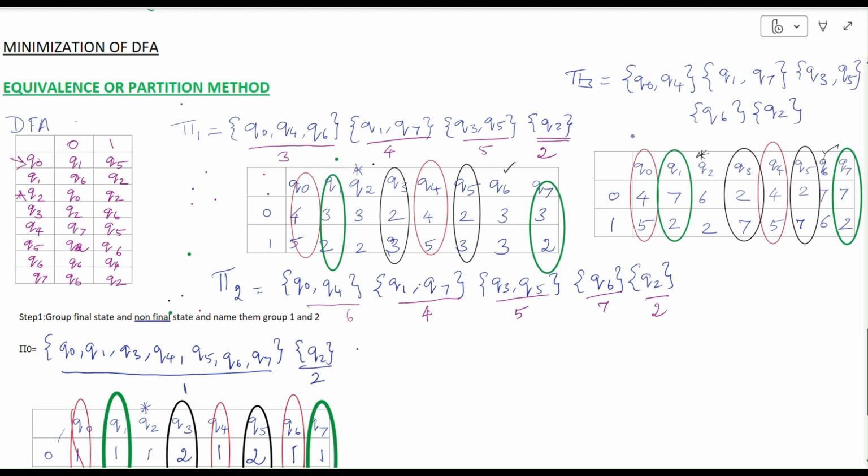So it is the same groups as the previous step, that is pi 2 is equal to pi 3. So when you get any point like this, you should stop the partition.